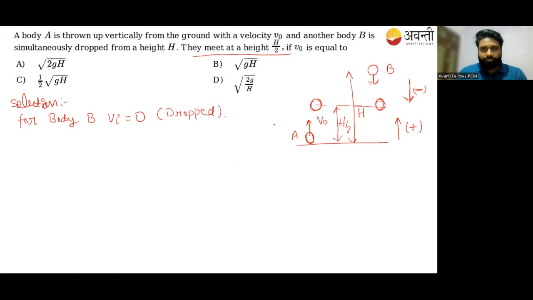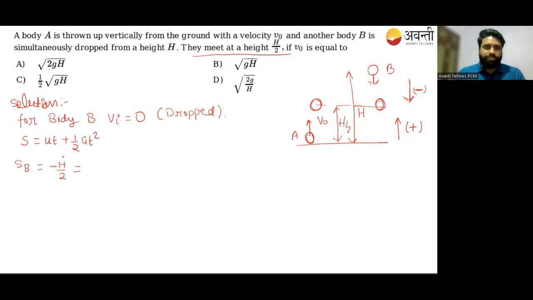Firstly, we will apply the second equation of motion, which is s equals ut plus half at square, for body B. So s_B, the distance traveled by ball B, equals minus h by 2. Why minus? Because it has covered the distance in the negative direction, downward, and downward measurement is considered negative.